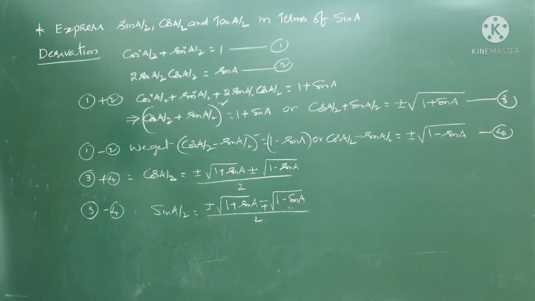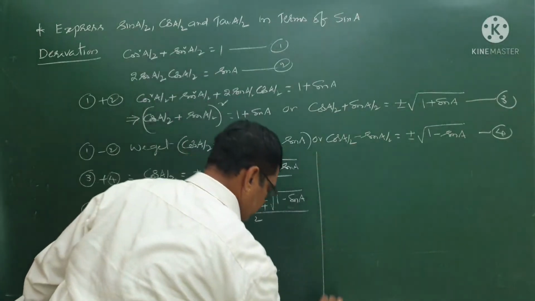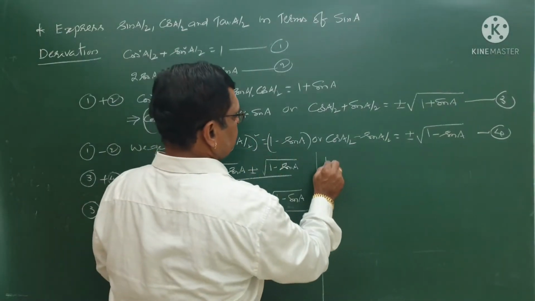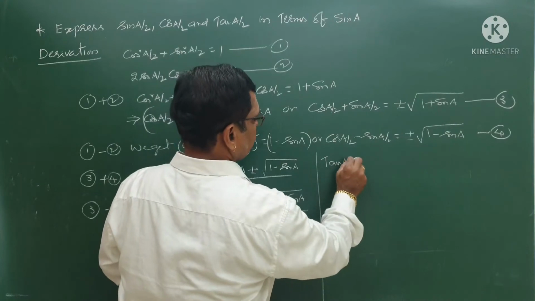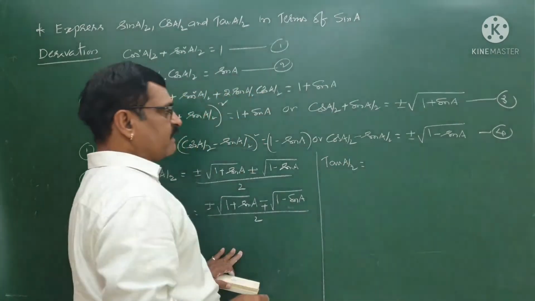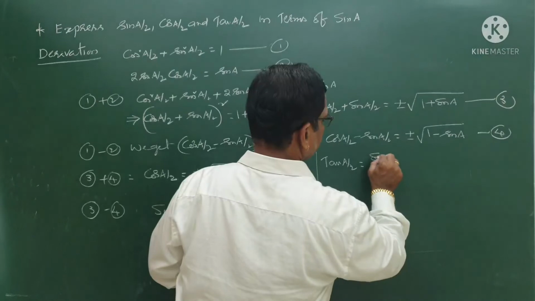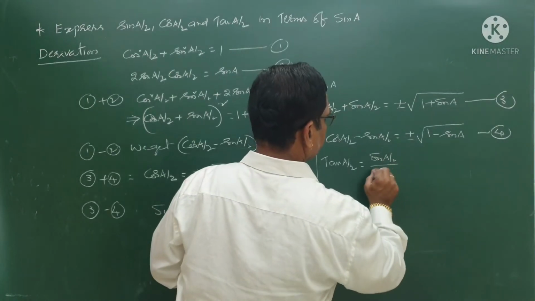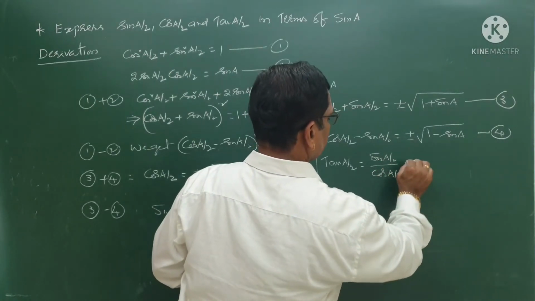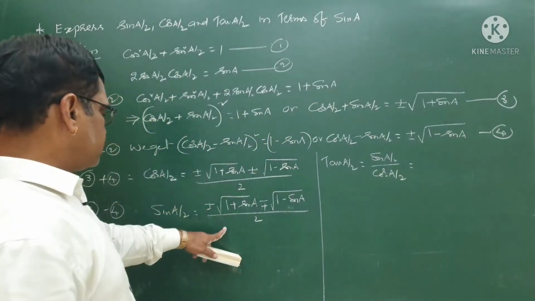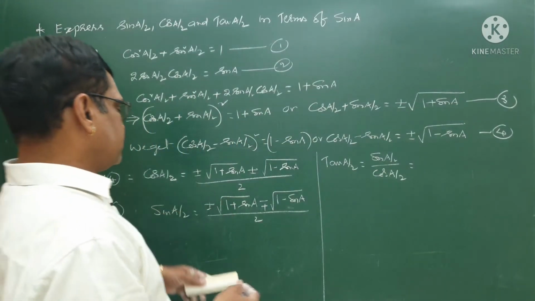And finally, what is tan A by 2? Tan A by 2 is nothing but sin A by 2 by cos A by 2. And sin A by 2 is equal to this, and cos A by 2 is this. So, just division.